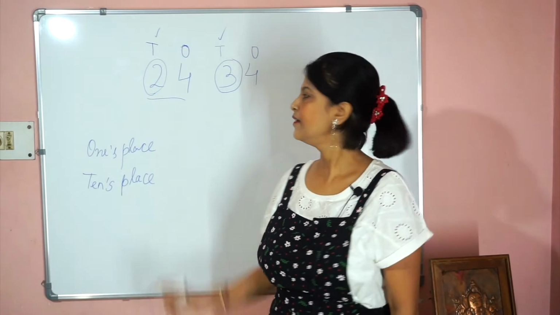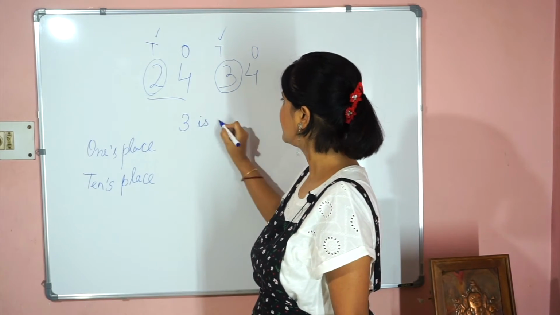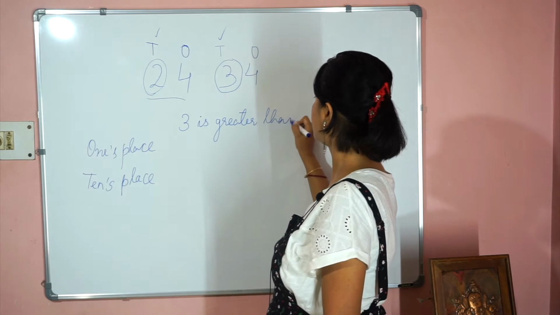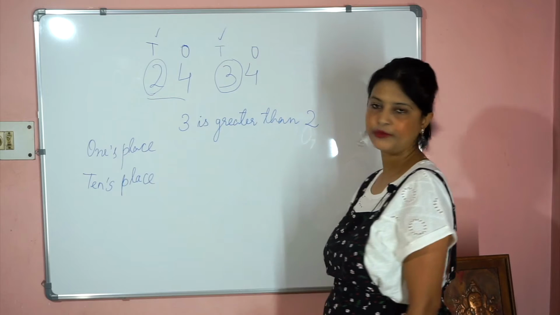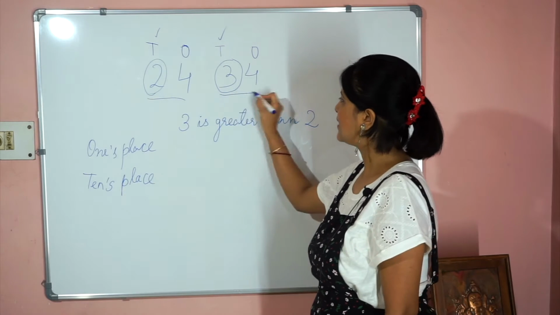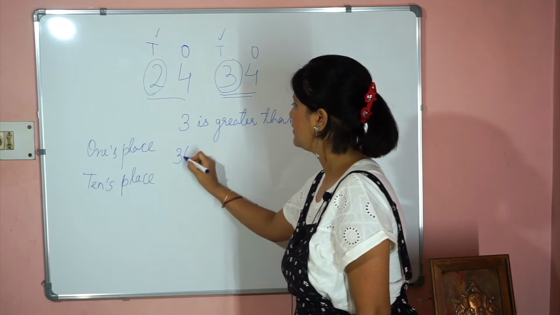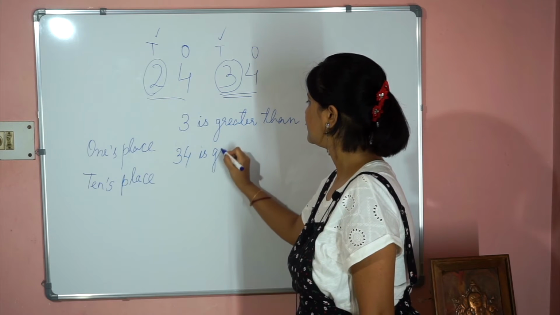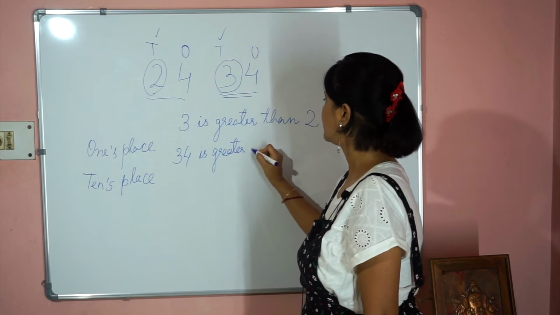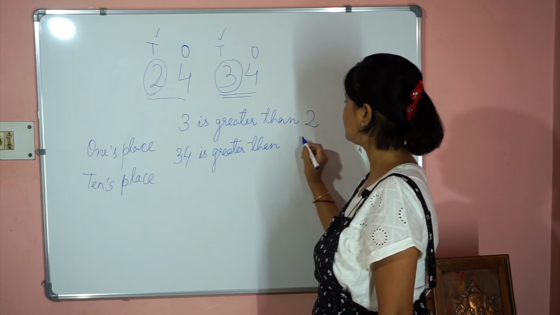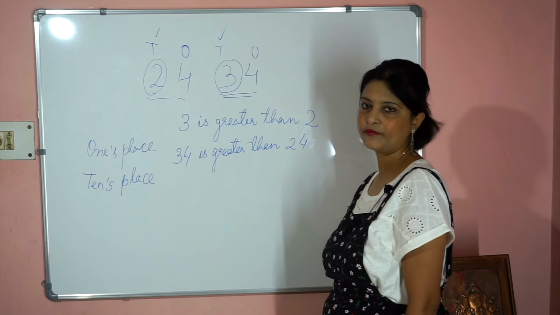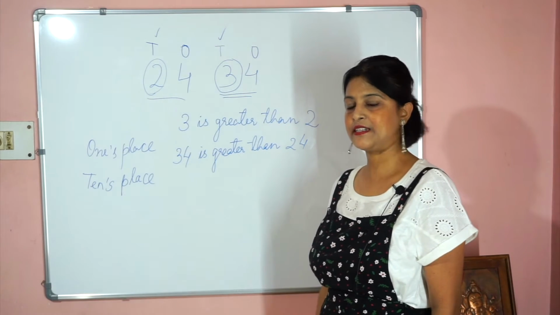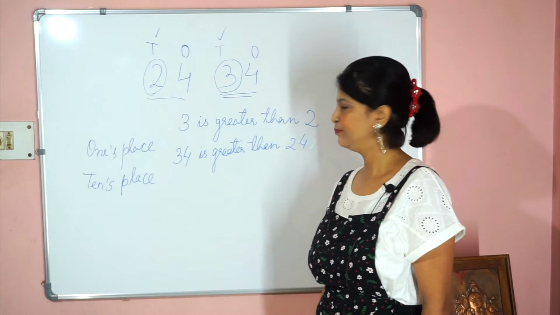So obviously 3 is greater than 2, right? So 34 will be greater than 24.